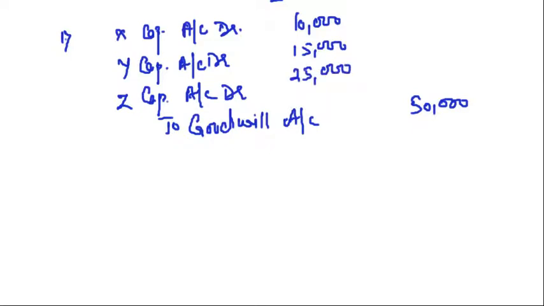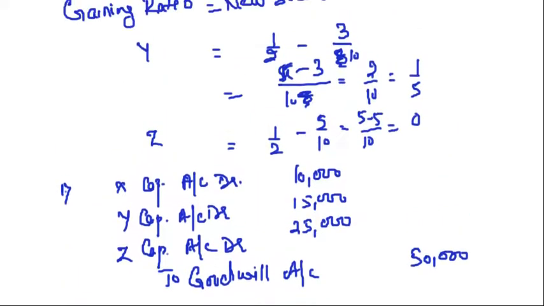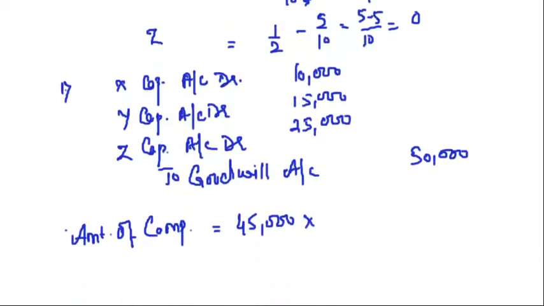Clear? Now, first of all, let's see the amount of compensation. We haven't seen the amount of compensation. What is the goodwill at the time of retirement? It says on the day of X retirement, the goodwill is valued at 45,000. So what is the goodwill? 45,000. And what is the share of the retiring partner X? 2 by 10.